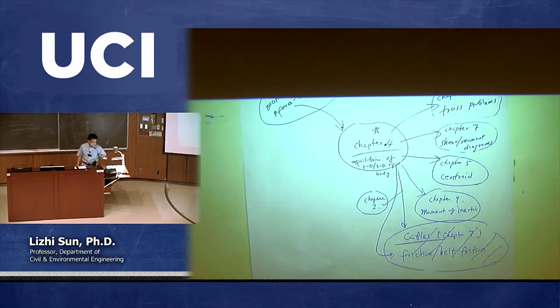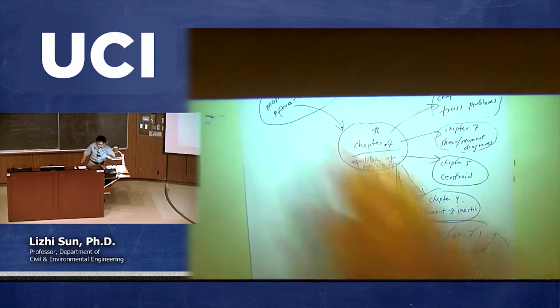So you don't need to worry about this. But I did briefly give you some introduction about those specific structures. One is called the cable, and if they have a belt friction, how you are going to calculate those friction forces. But these two parts will not be covered in the final exam. Okay, and I didn't give you any homework questions either. So this is the general picture.